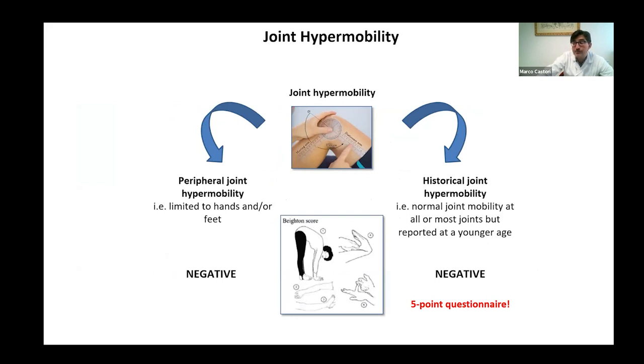Peripheral joint hypermobility is probably a variant of generalized joint hypermobility observed on hands and feet only. This means that in peripheral joint hypermobility, the Beighton score is negative, but a congenital origin is presumed. Finally, historical joint hypermobility is a form of generalized joint hypermobility not yet visible at the time of examination. Joints are not hypermobile, but the patient refers to have been double jointed in the past.